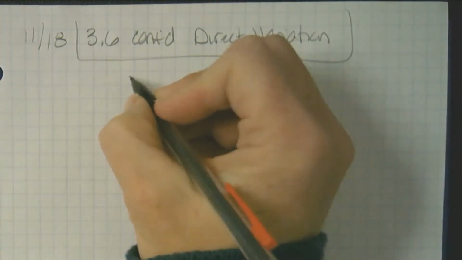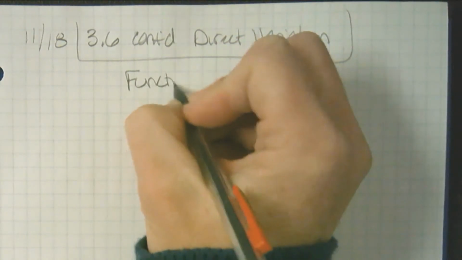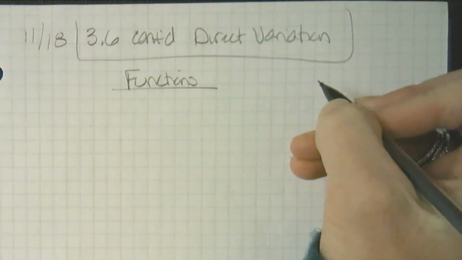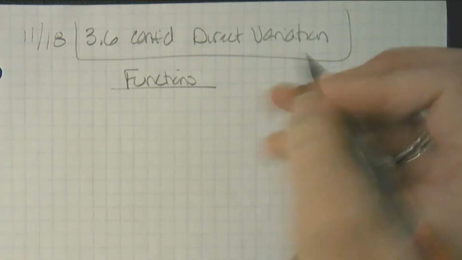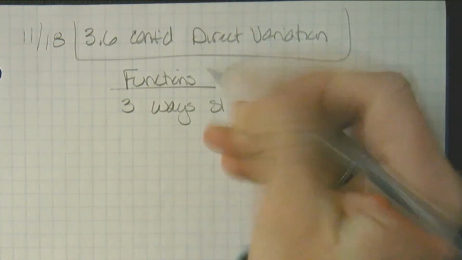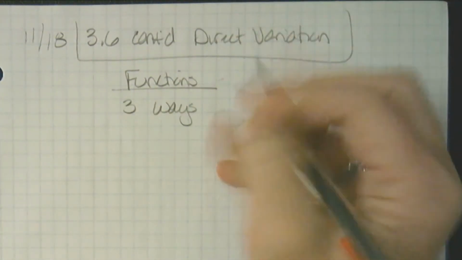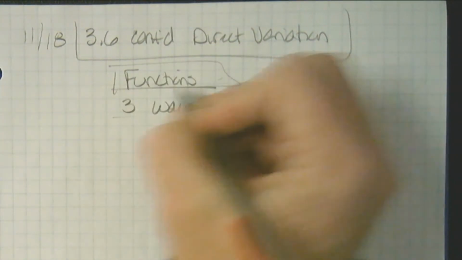All right, when we talk about functions or equations, no matter what type of functions we're looking at, whether slope-intercept form or direct variation, there are 3 ways that we can show them. This is just kind of a review.